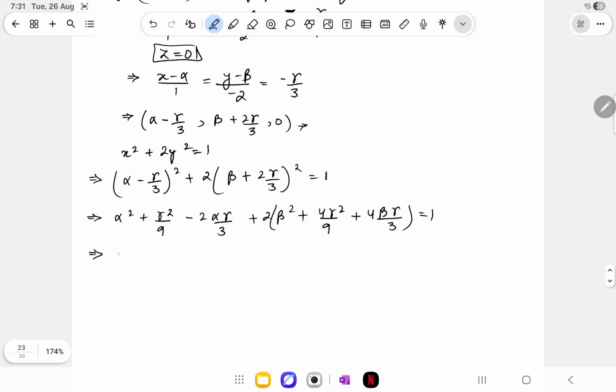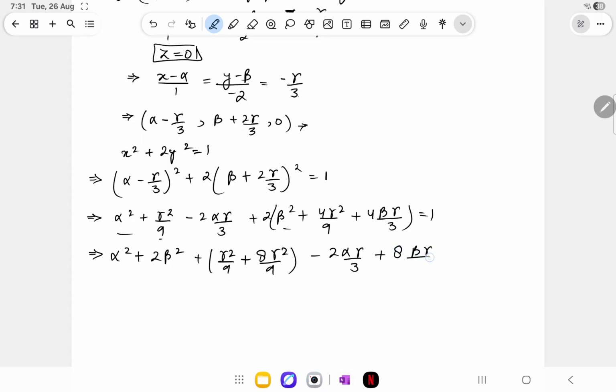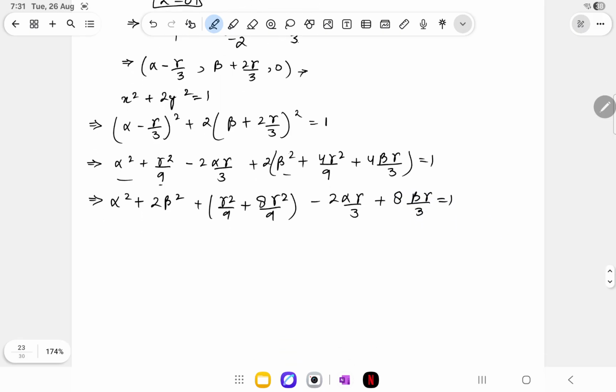If I simplify it, alpha square plus 2 beta square plus gamma square by 9 plus 8 gamma square by 9 minus 2 alpha gamma by 3 plus 8 beta gamma by 3 is equal to 1, which is alpha square plus 2 beta square plus gamma square minus 2 alpha gamma by 3 plus 8 beta gamma by 3 is equal to 1.